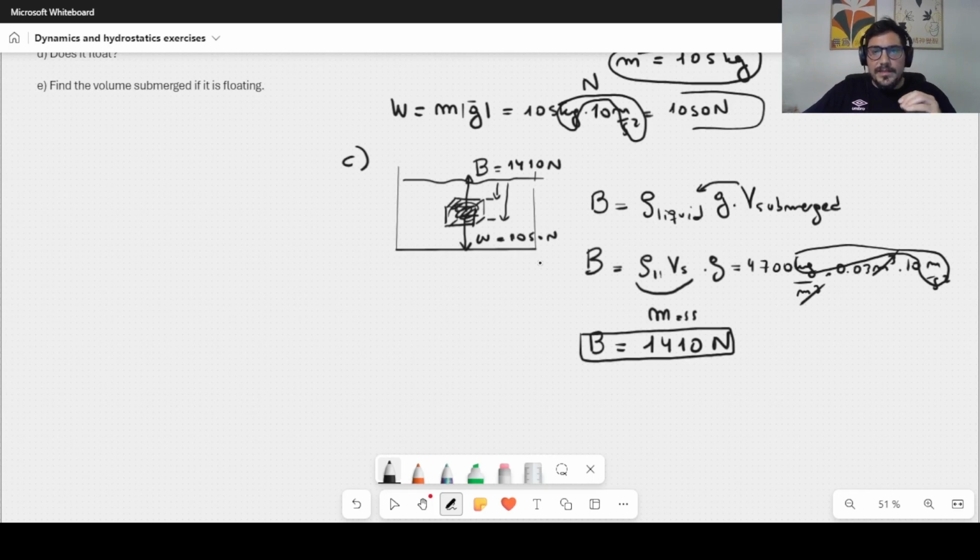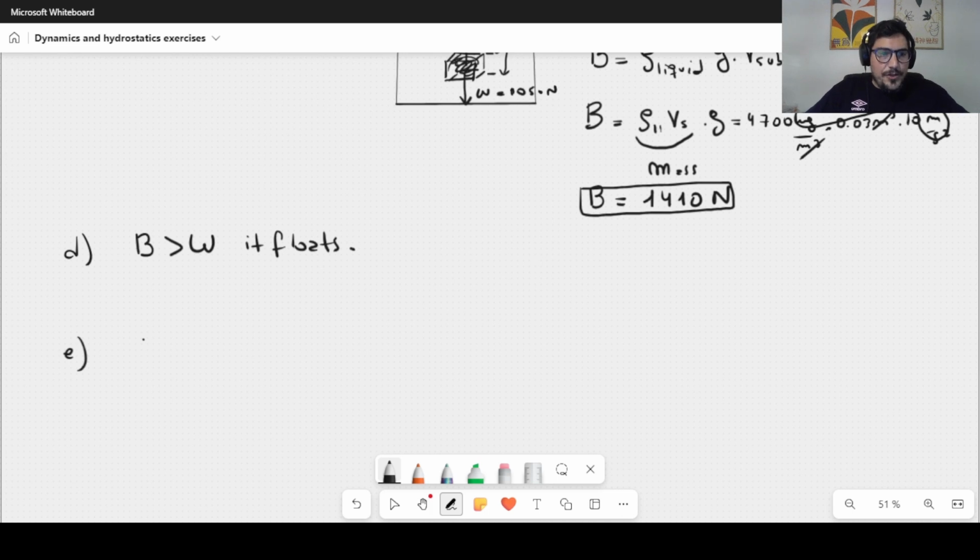So someone maintains the object submerged, because if the object is free under the level of the liquid, the upwards force is higher than the downwards force, and the object naturally will float. So the answer is that as the buoyant force is higher than the weight, it floats.